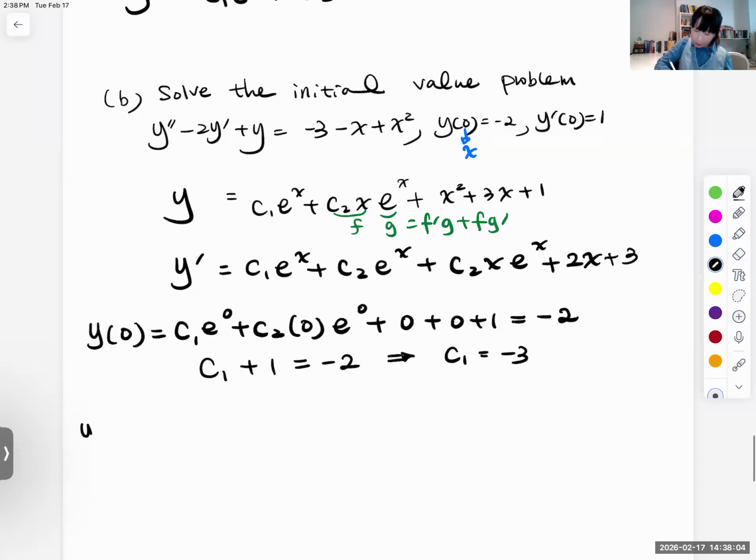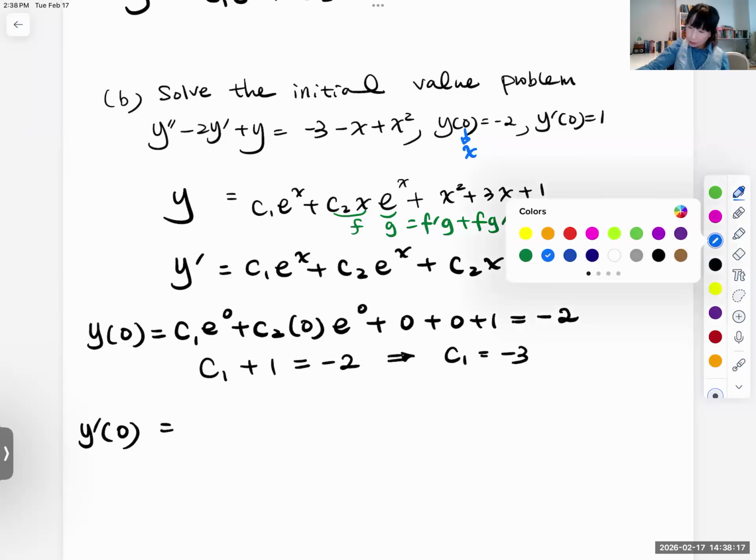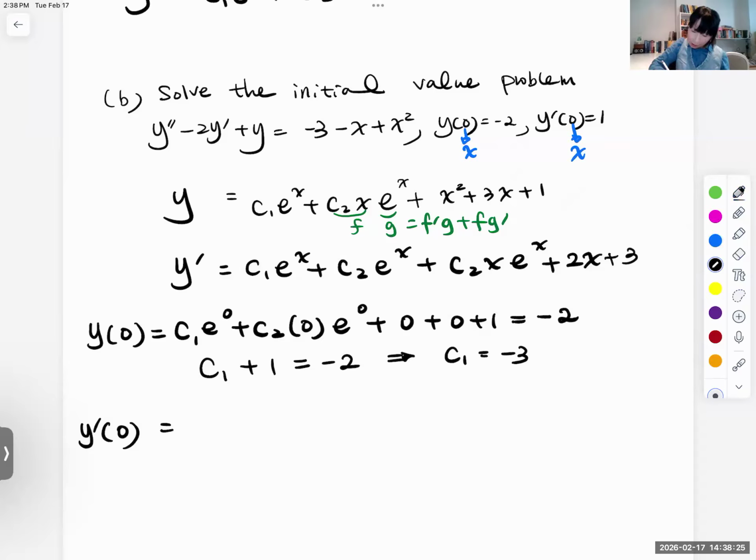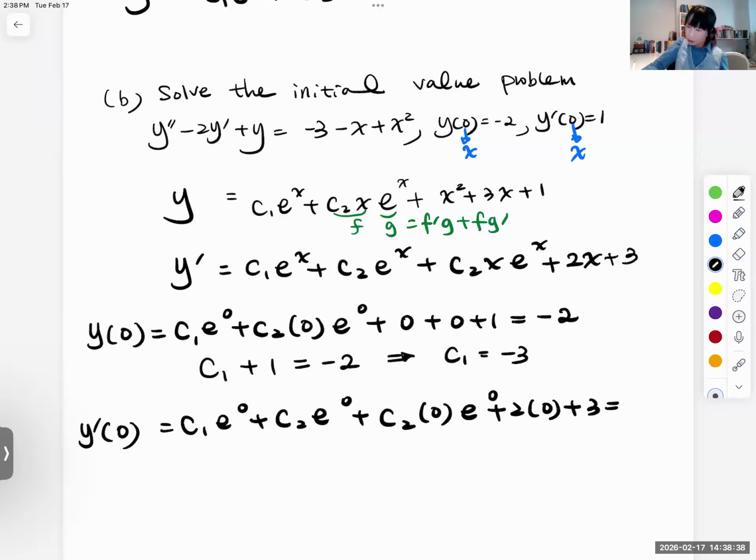Okay, now y prime of 0 equal to, okay, we substitute 0 into the x. So there will be c sub 1 e to the 0 plus c sub 2 e to the 0 plus c sub 2 times 0 times e to the 0 plus 2 times 0 plus 3 equal to, they say that it's 1.